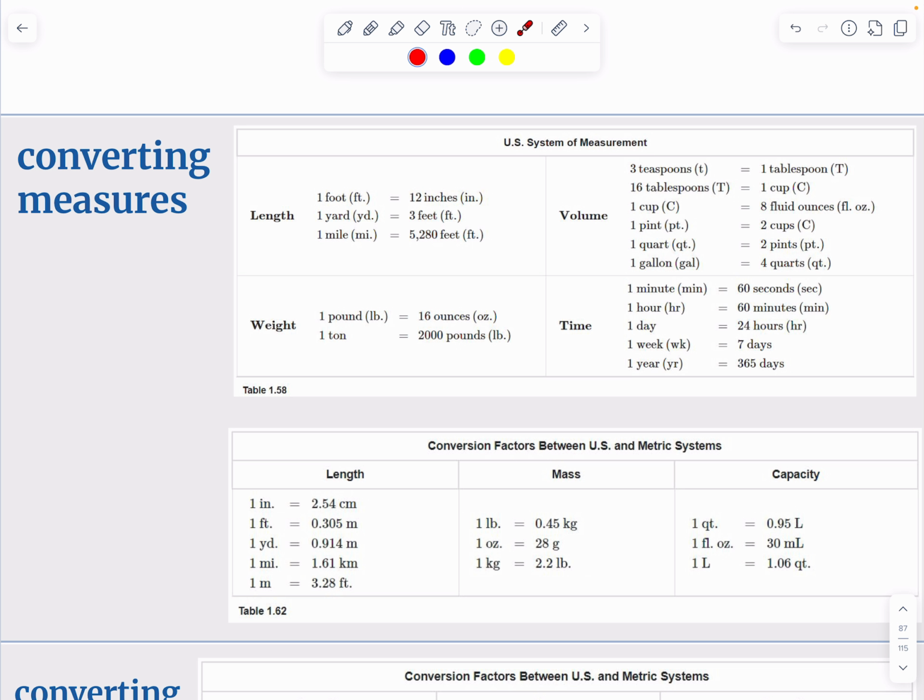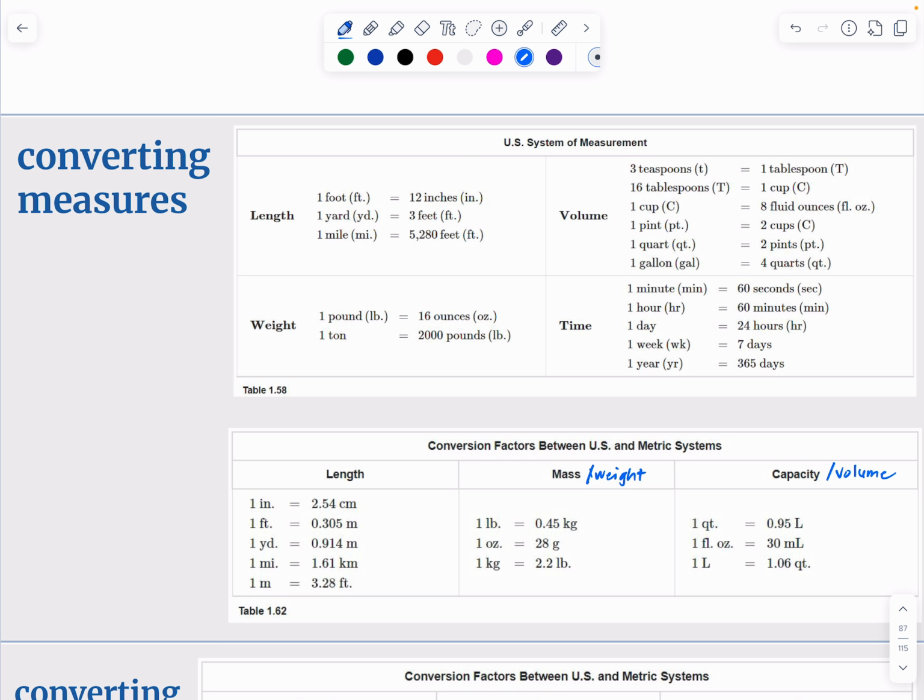And then for capacity, that's another word for volume. And in fact, let's add that on here. There's a couple of common capacity measures that we see in the metric system. Probably the liter would be the most commonly used one here in the US.